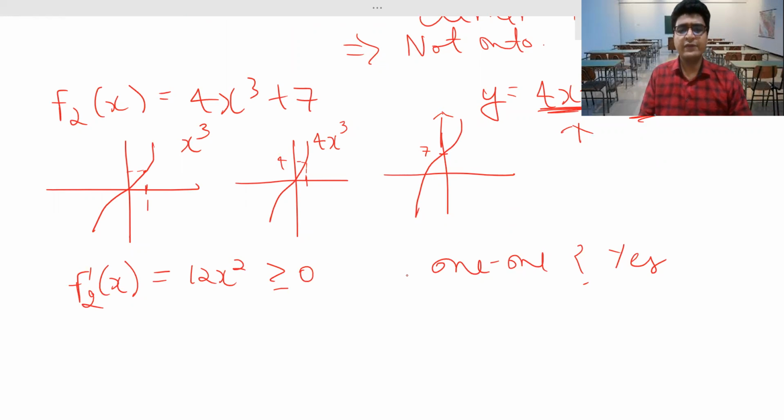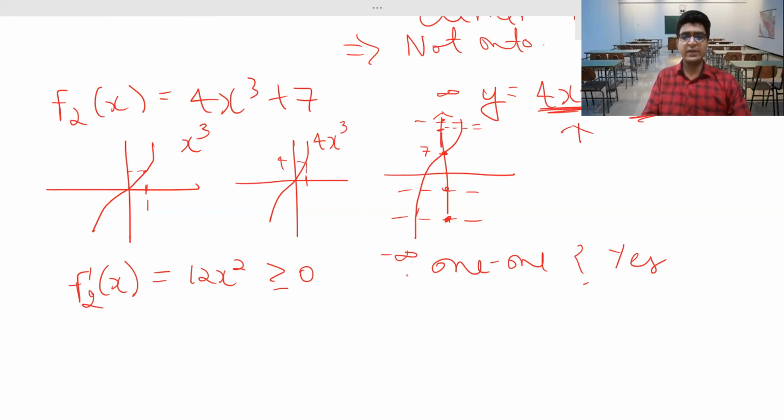What about onto? Again, we can look at the graph. We can see that it is moving downwards towards minus infinity, and it is moving upwards towards infinity. So for all y, we can see that there is one association. For this y, there is one association, for this y, one association, and for this y, one association.